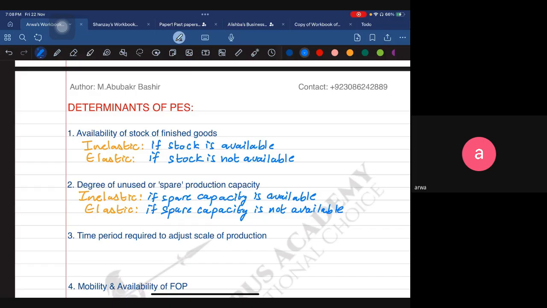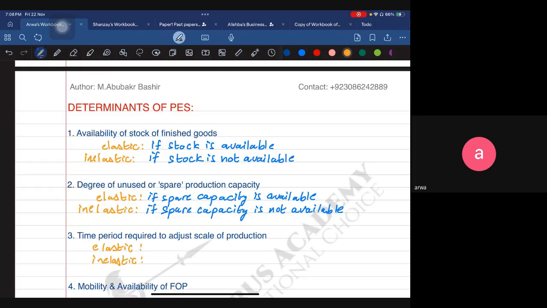Oh, what I have done is switched both of them. Okay, I'm going to just keep this elastic and keep this inelastic. Again here as well. Yes, sir. Okay, I'm going to keep it like this now, elastic and inelastic.